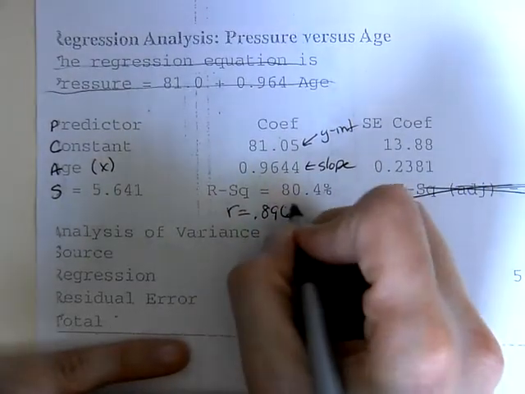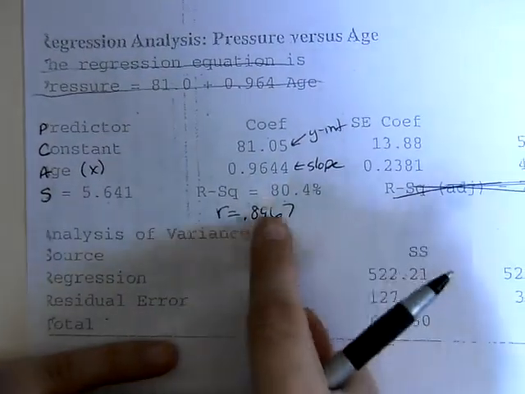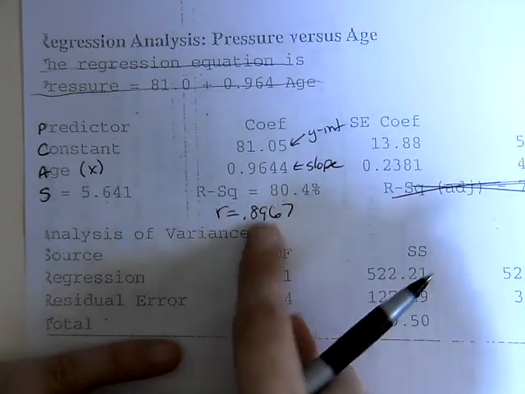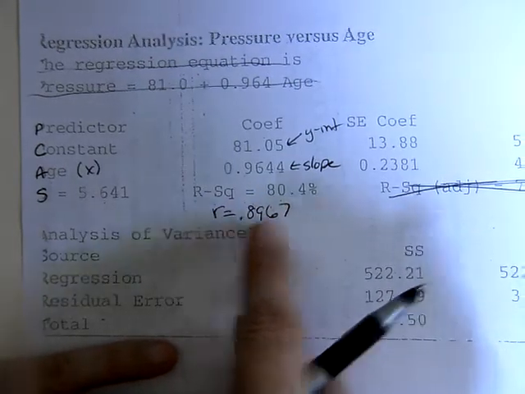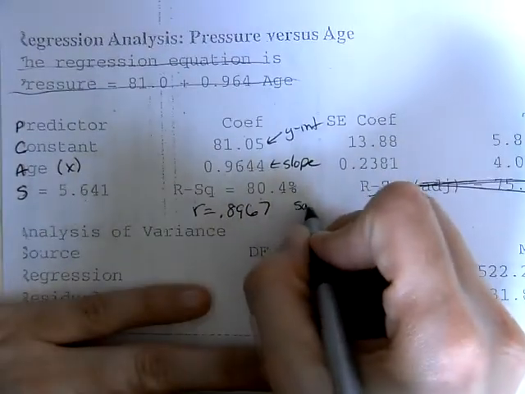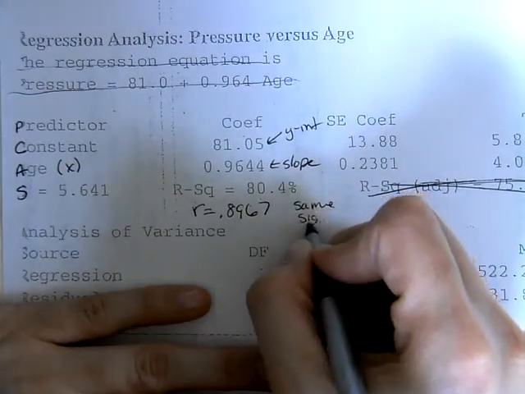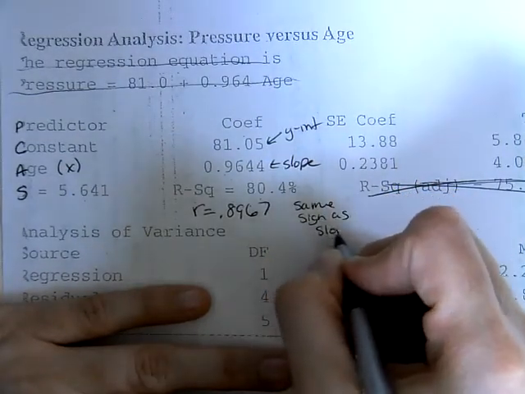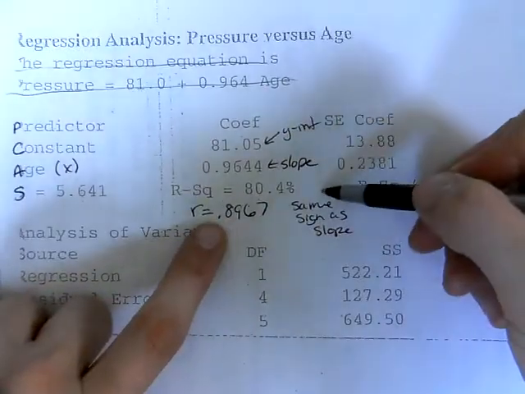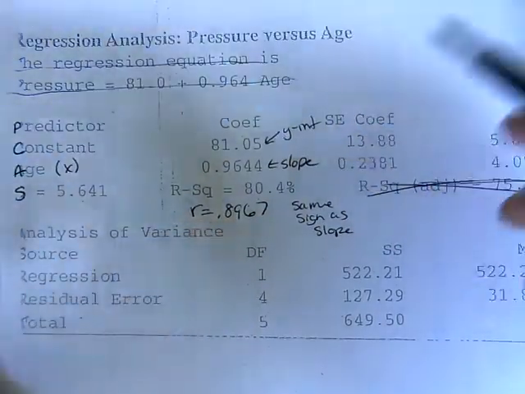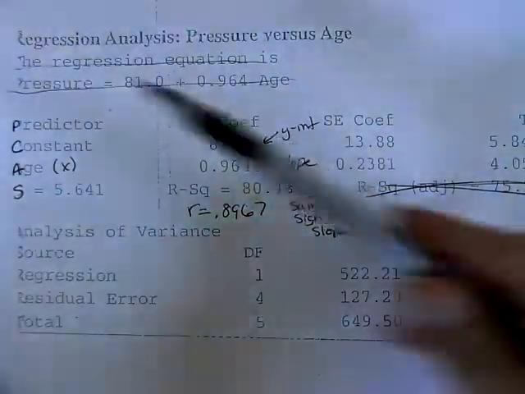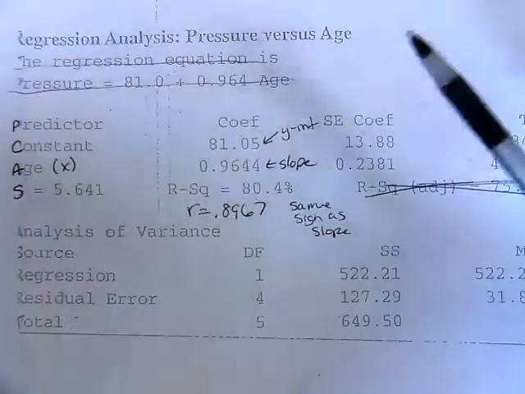The only issue here is R squared is always going to be a positive number. R can be both positive or negative. So it's always going to be the same sign as the slope. So if the slope was negative, this would be negative. Because obviously if it's a negative correlation, you're going to have a line that's negative.